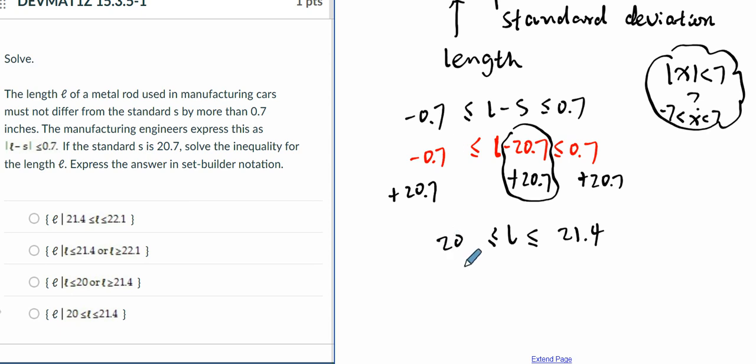The unit is inches. Inches is normally written like in with a dot. So this basically tells us that our length should be in the range 20 inches to 21.4 inches.